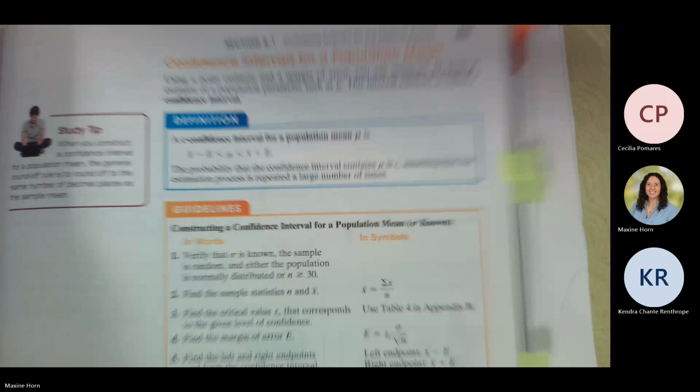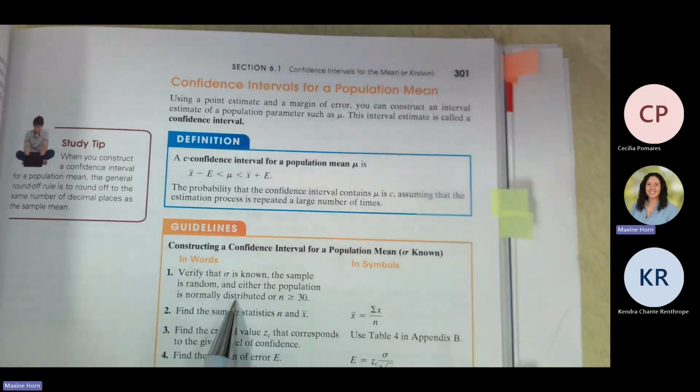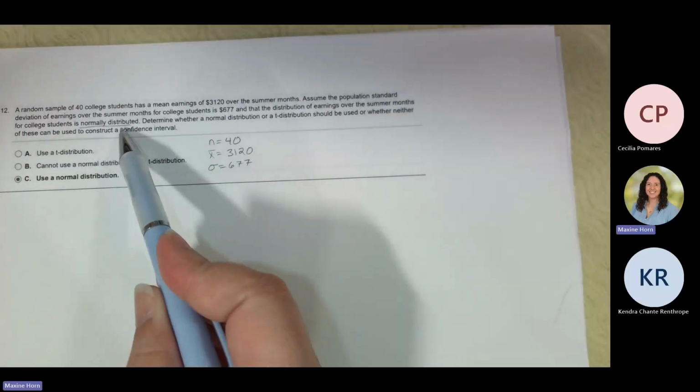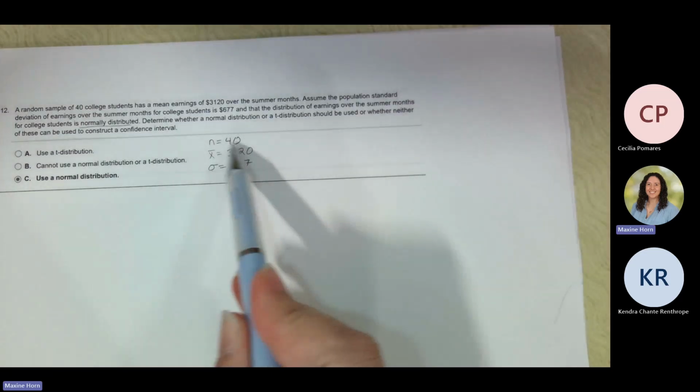Did they tell us that it was a random sample? They sure did. Okay, check, random sample. And then either that the population is normally distributed or our sample size is greater than or equal to 30. Population is normally distributed, so check for that. So even if n was less than 30, we'd be okay because it's normally distributed. So that's why we can, yes, use a normal distribution.